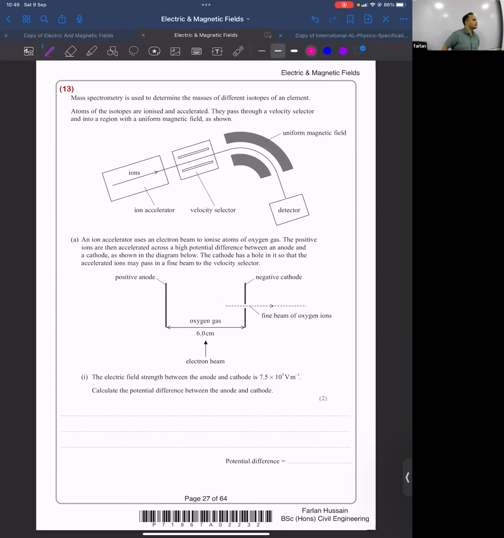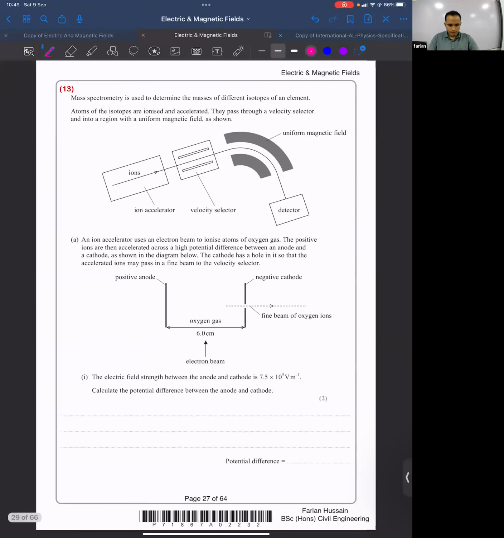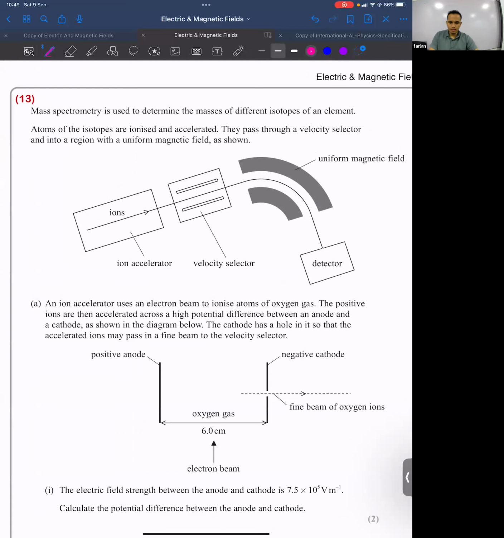Question 13. Mass spectrometry is used to determine the masses of different isotopes of an element.